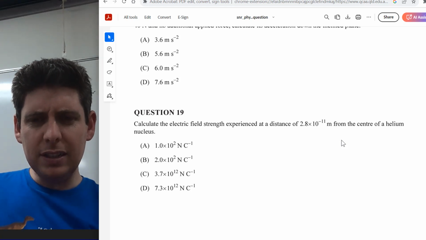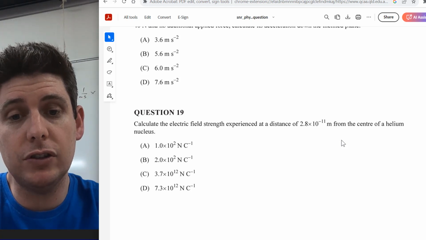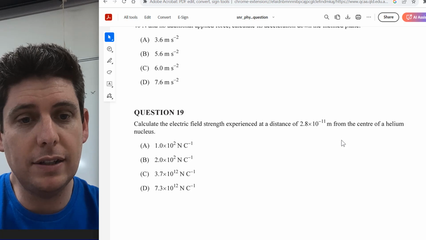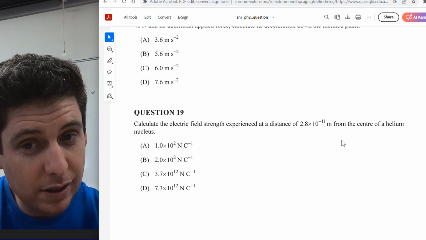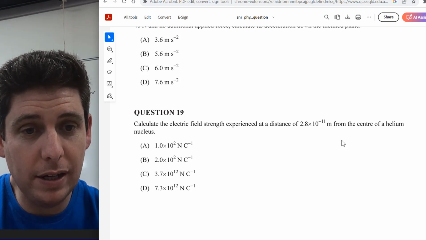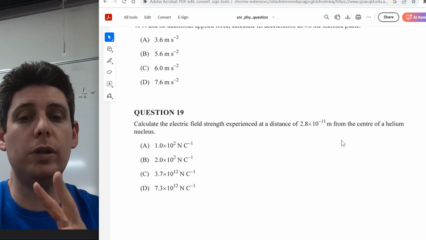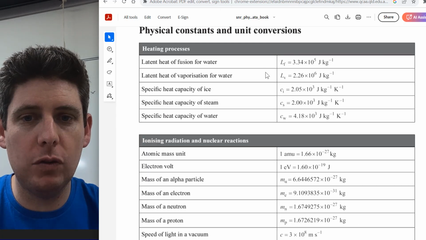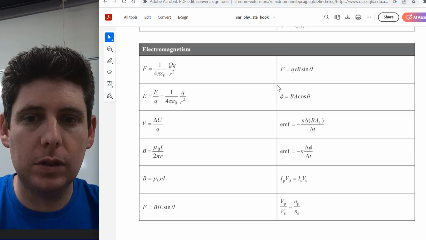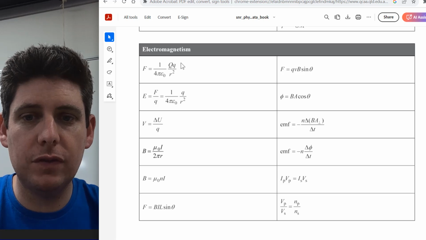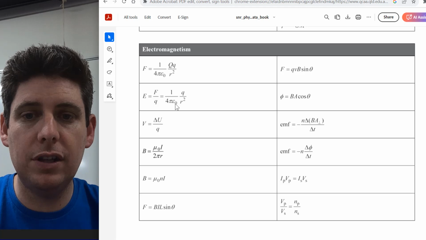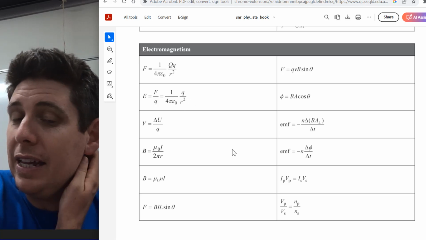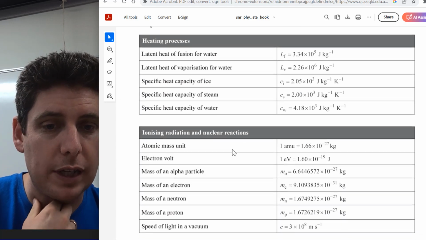All right, question 19. Electric field strength experienced at a distance of that many meters from a helium nucleus. So we have a distance away. In a helium nucleus, there's 2 electrons. Looking at our formula sheet, what could be useful here? These 2 formulas here. We're looking at this constant divided by r squared, and Q is the charge of an electron.